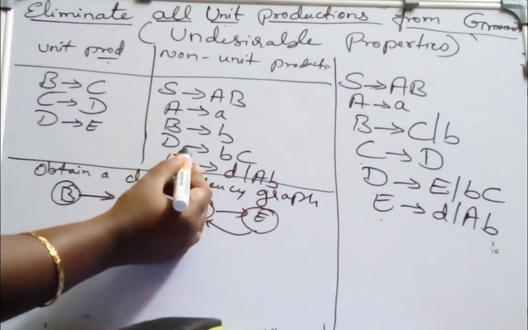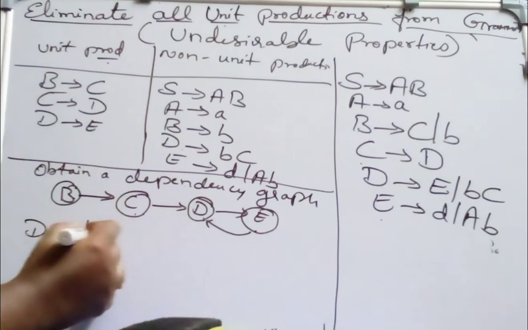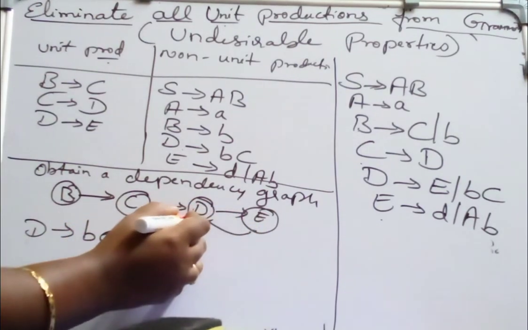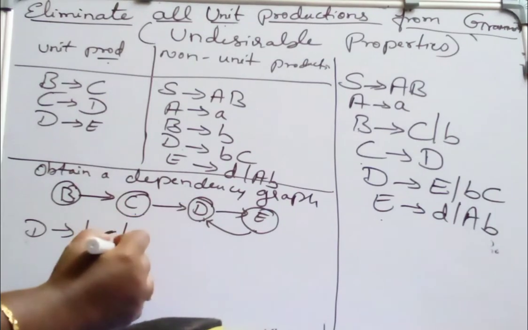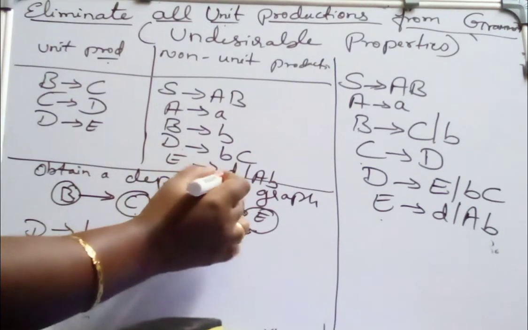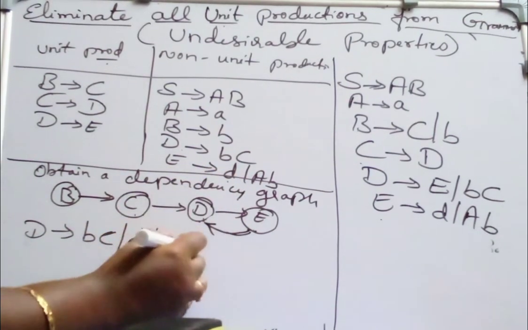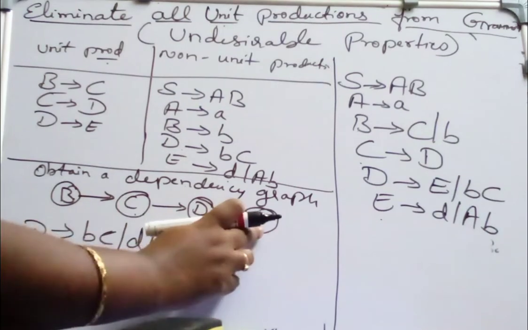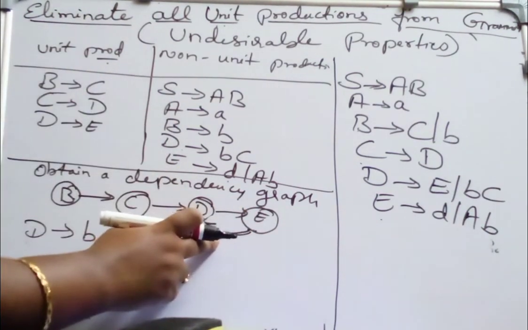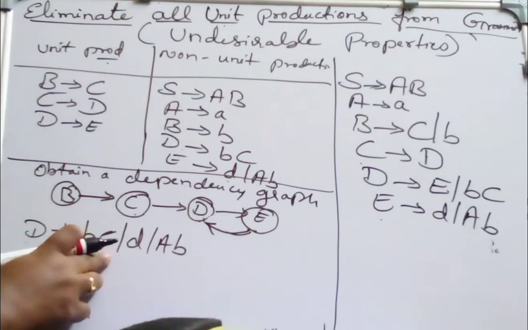The production for D is D derives BC. Whatever is there in E should be copied to D, so E is D or AB. Now the productions for D have changed.